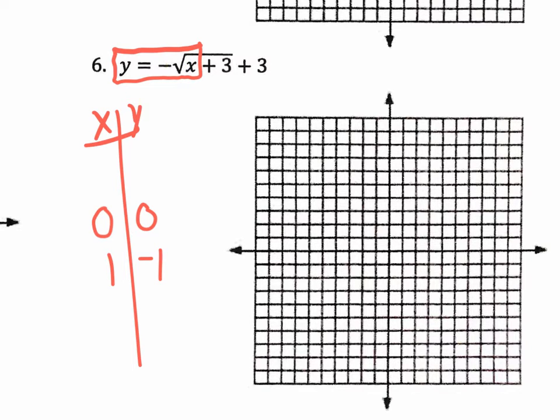Put a negative in front of it, I get out a negative 2. Plug in a 9, another perfect square number. The square root of 9 is 3. Put a negative in front of it. That's negative 3. So we have the coordinates 0, 0, 1, negative 1, 4, negative 2, and 9, negative 3.